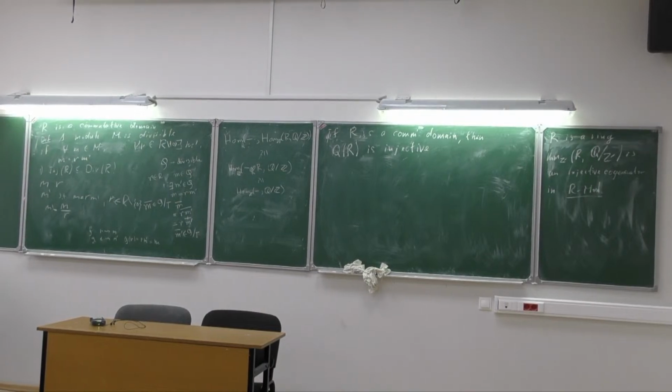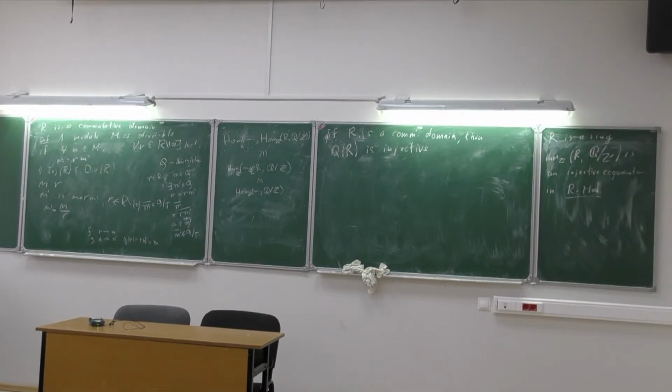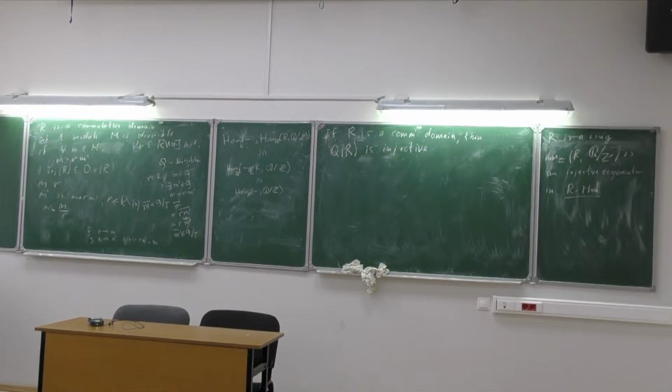Модуль над кольцом вот таких вот PR должен быть инъективным. Это имеется в виду? Нет, имеется в виду, что нам написано: модуль инъективный как модуль над R. Ну это же локализация кольца. Локализация кольца это модуль.